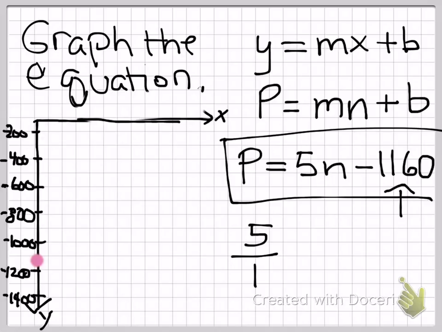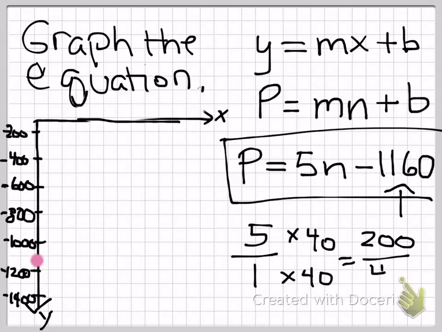You'd have to multiply by 40, right? So that means 5 over 1 is the same thing as 200 over 40. Oops. So my x's, then, I should go by 40s.